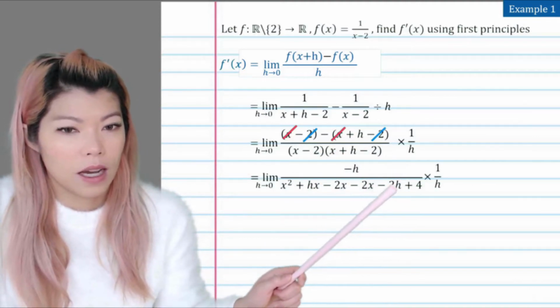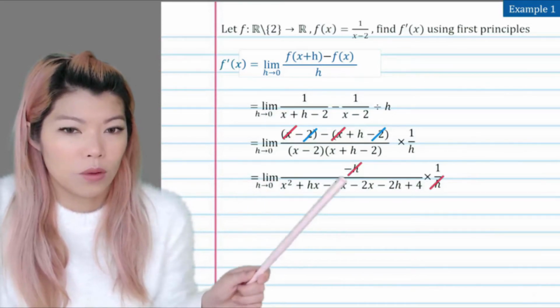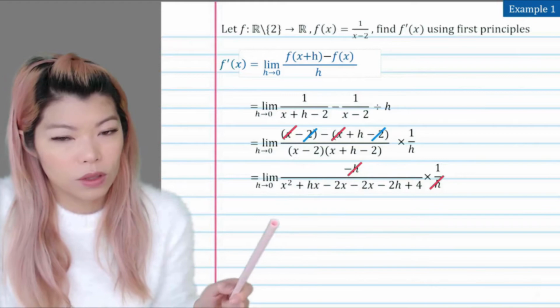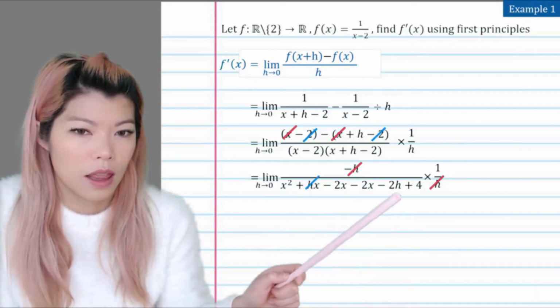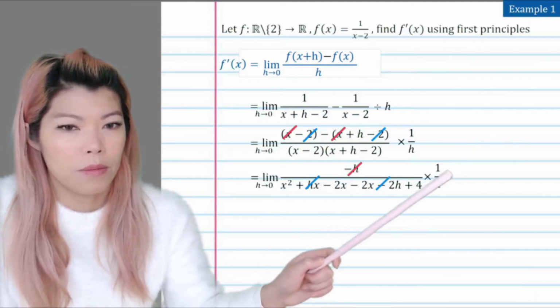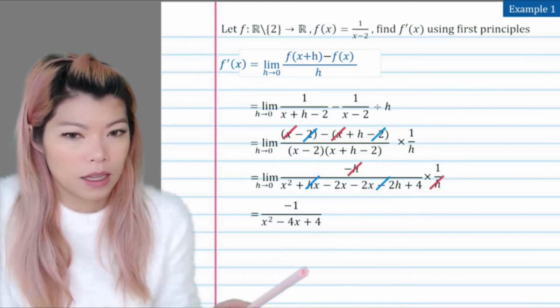And then don't forget the times 1 over h. The h can cancel out, and we're going to apply the limit so we can stop rewriting all this all the time. So when h equals 0, we can see that that goes and that goes. So now we're left with minus 1 over x squared minus 4x plus 4.